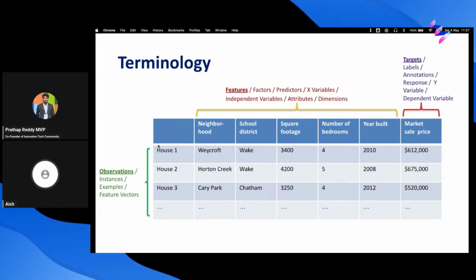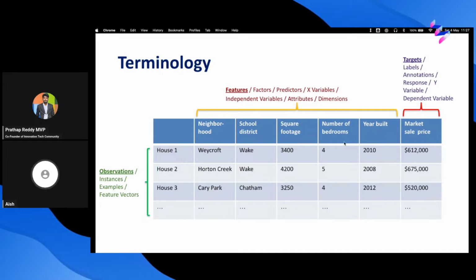What will the prices of these houses depend on? It will depend on the neighborhood first of all. If you take the example of Bangalore, some houses will be more expensive than others. For example, houses in Indiranagar will be more expensive than houses someplace else. So it depends on the neighborhood a lot.